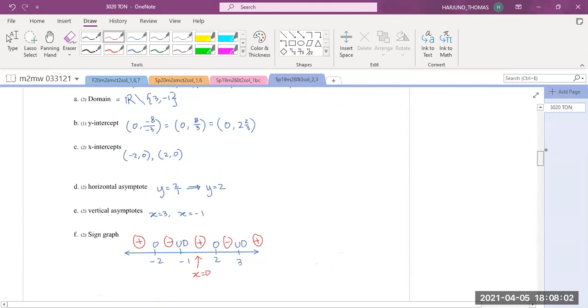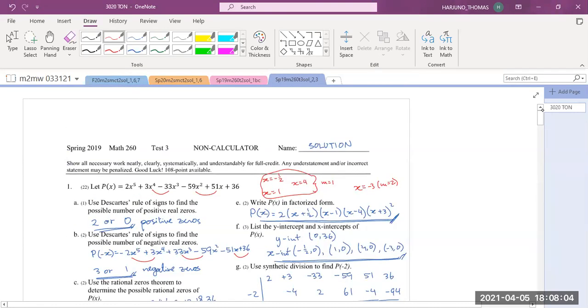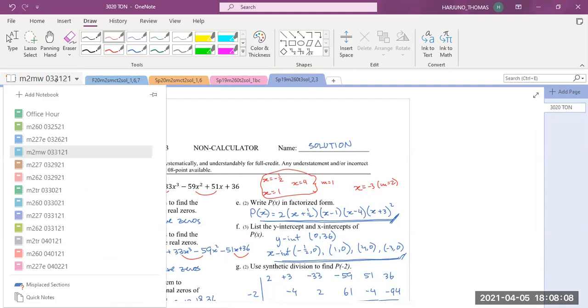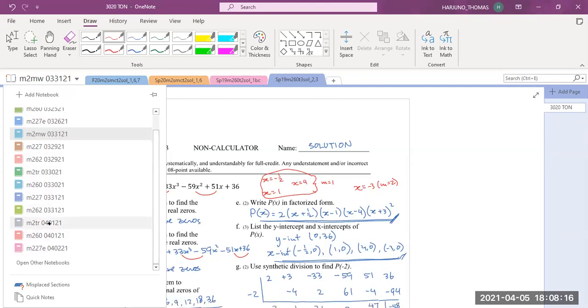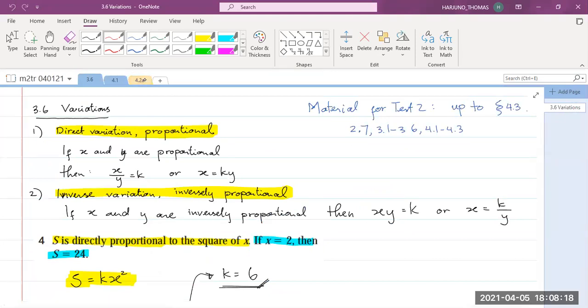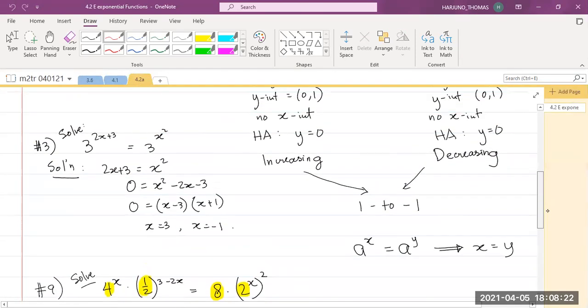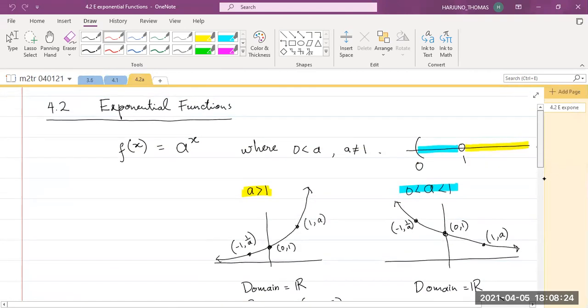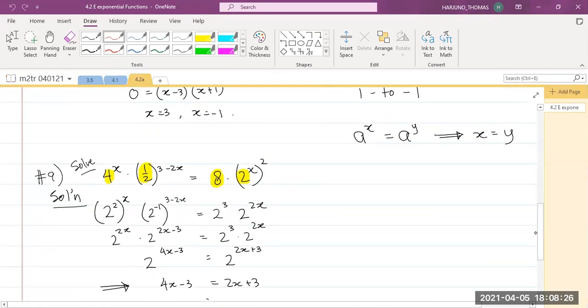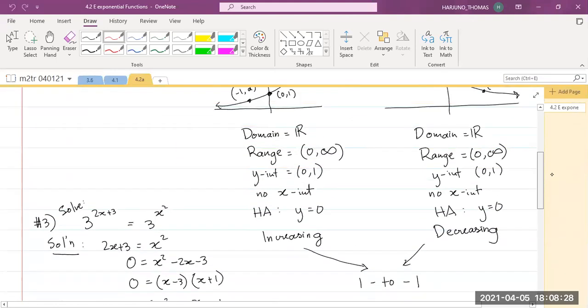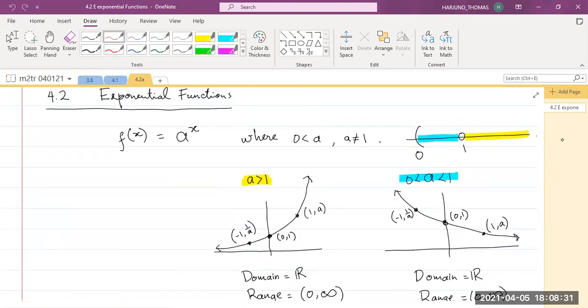I believe we fully finished the exponential function on Thursday, right? Let me check. Oh, I didn't fully do exponential function last time. I did only solving equations and the basic exponential function.